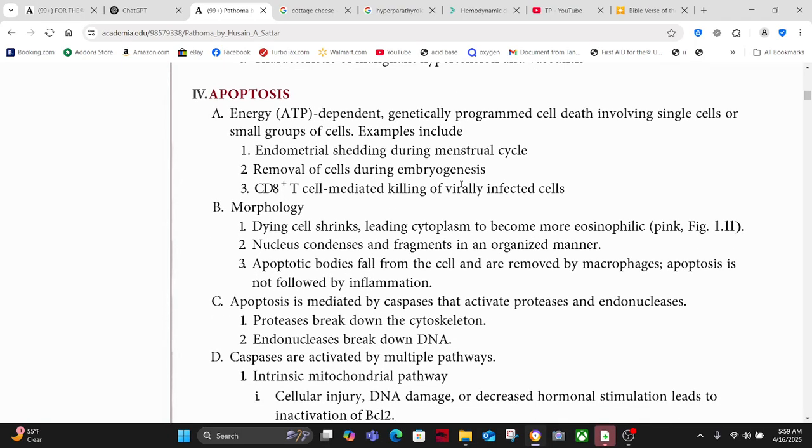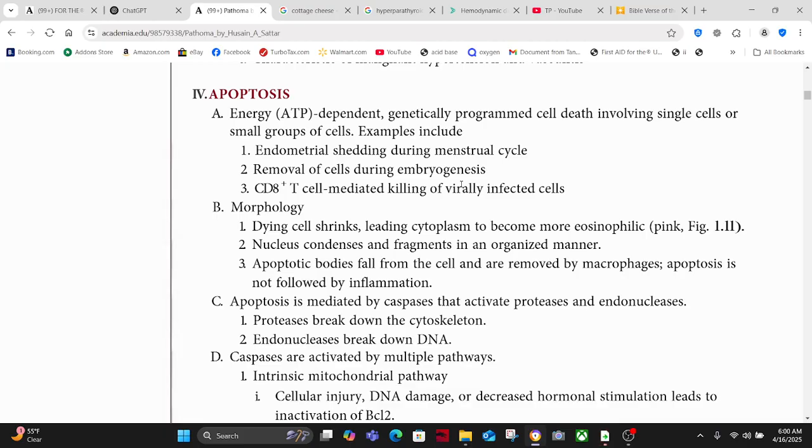Okay. Next we have apoptosis. In apoptosis, there is no inflammation after it happens, but in necrosis, there's always acute inflammation.